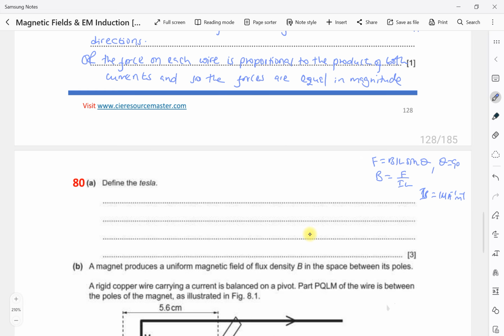So it is a unit of magnetic flux density of a field which is normal to a long straight conductor carrying a current of 1 ampere and causing a force of 1 Newton per meter of its length.